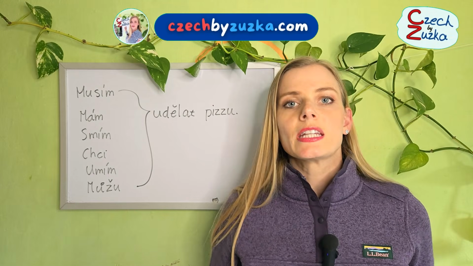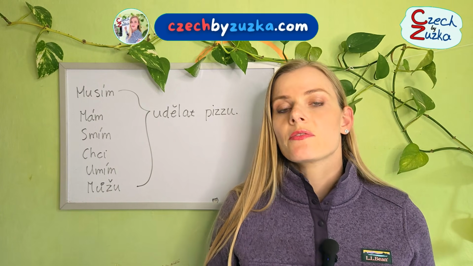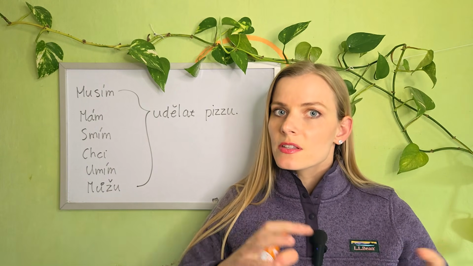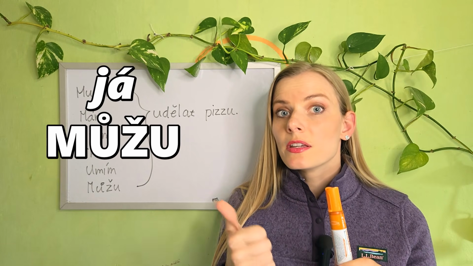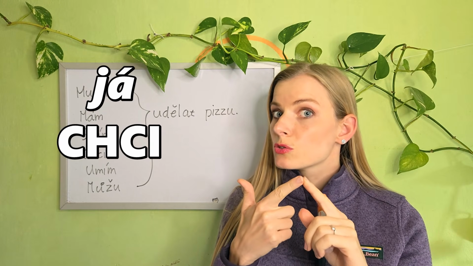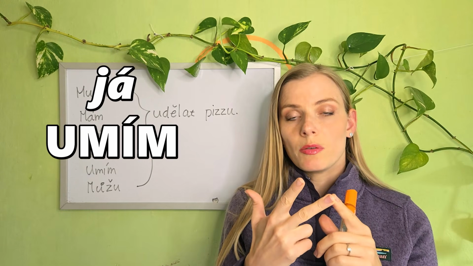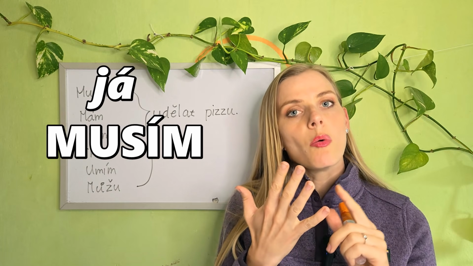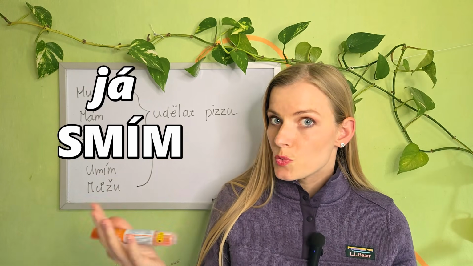First, let's see what is a modal verb. Modal verb is an auxiliary verb that helps us express certain condition. For example, possibility that you can do something, intent or desire that you want to do something, ability that you can or are able to do something, necessity, obligation that you have to, or permission that you may do something.